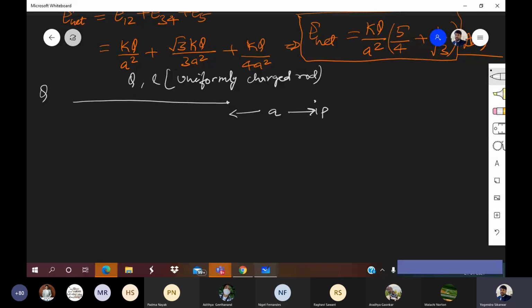The question is very simple. Find the electric field at point P due to the rod. Please find.